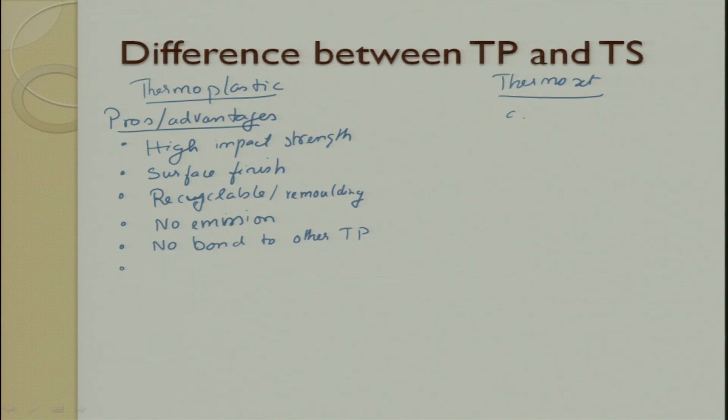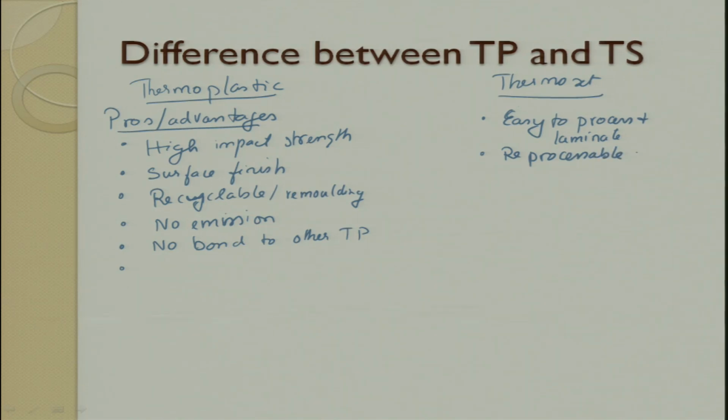As far as thermoset is concerned, it is easy to process. This is the biggest advantage, which is comparatively not there with thermoplastics. It is easy to process and it can easily be made into several laminates. The next thing is it is not reprocessable.